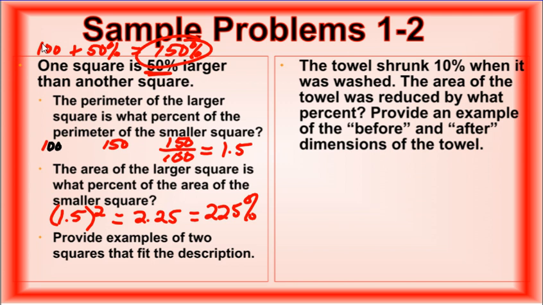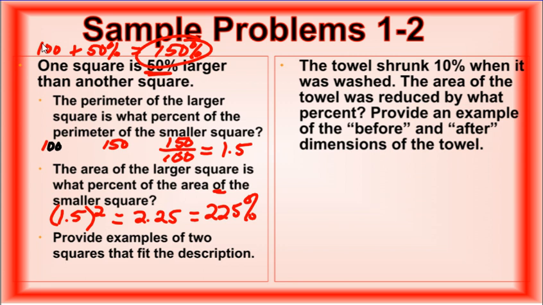And so here they're saying the area of the larger square is 225% of the smaller square. So there's your keyword of. Now, if they were comparing the two, we would say that the area is 125% larger, because if the smaller one is 100%, 225% minus 100% would give you your 125%.